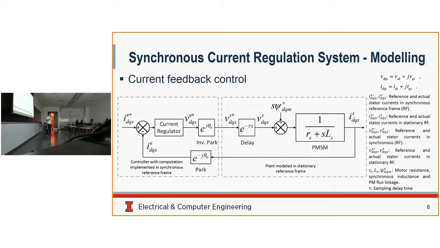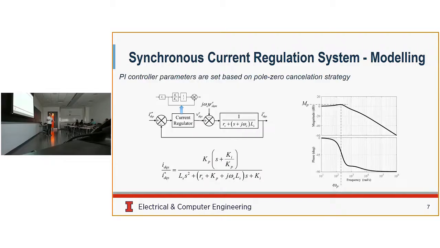So there will be an inverse Park and a Park transformation that link between them. To perform the analysis, we need to convert all the models into one unified reference frame. So when you convert it to the same unified synchronous reference frame, you get the block diagram shown here.